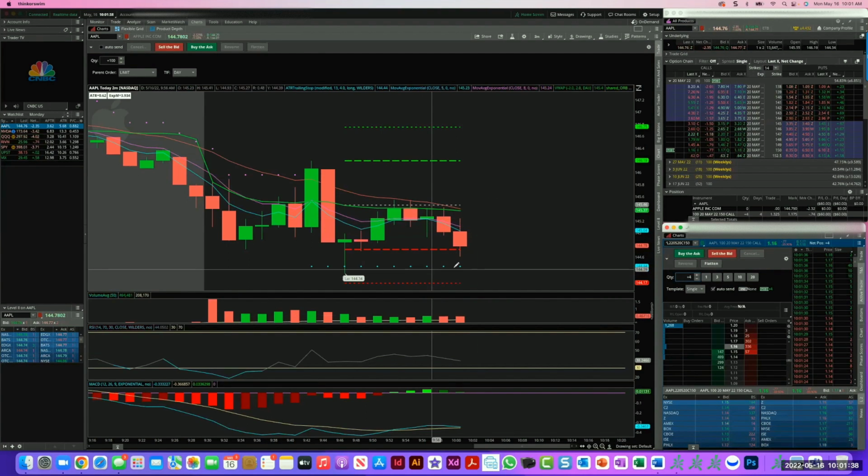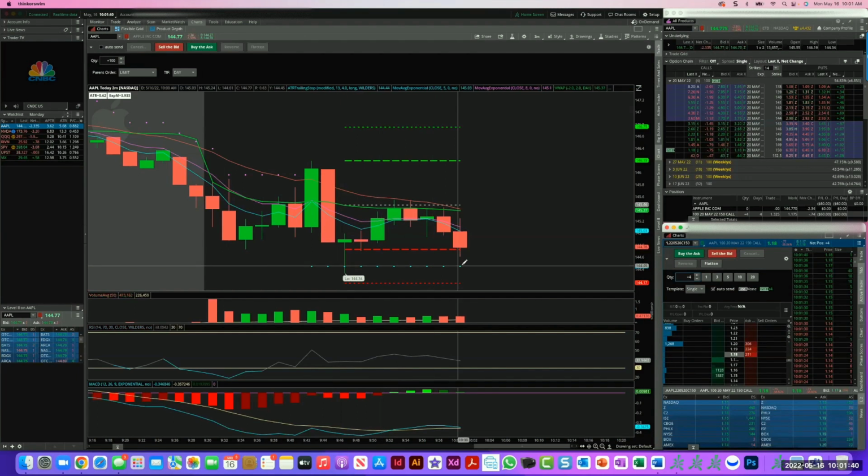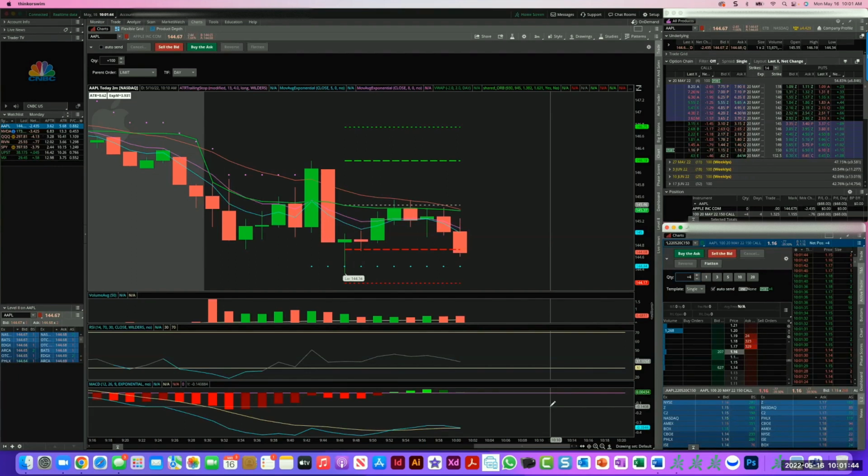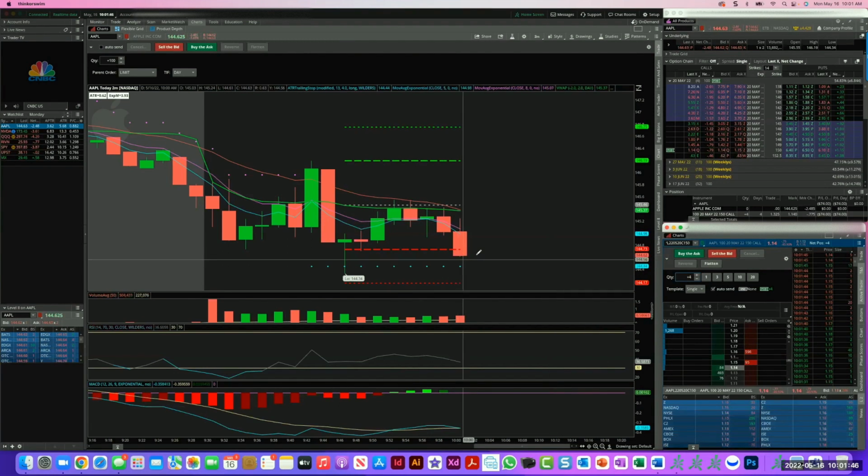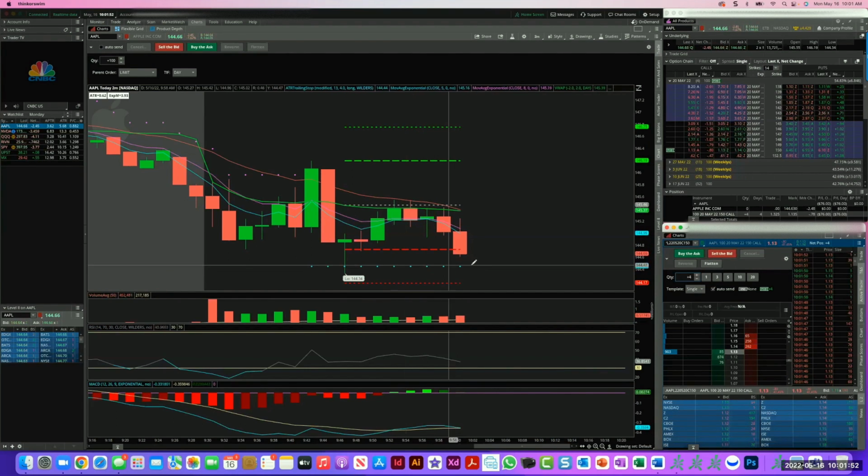We want to use this as our stop loss, essentially 144.44. So we need to stay above this with respect to the closing of our candles.